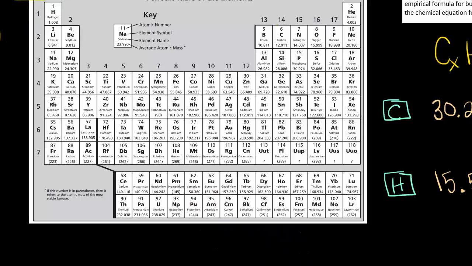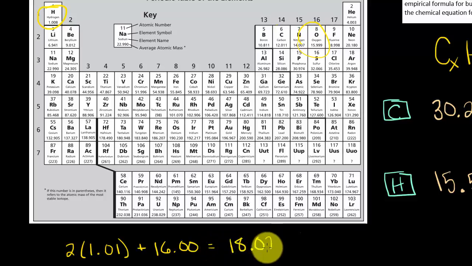And now we're going to calculate the molar mass of water. And so water is H2O. There are 2 hydrogens, and each hydrogen, when rounded to the hundredths place, has a molar mass of 1.01. And there is 1 oxygen. And when rounded to the hundredths place, that comes out to 16. For a grand total of 18.02 grams per mole.